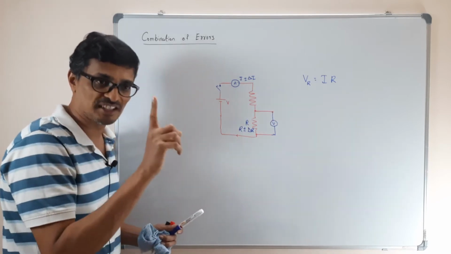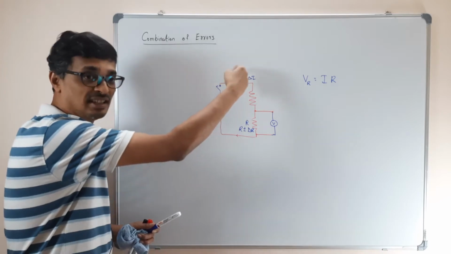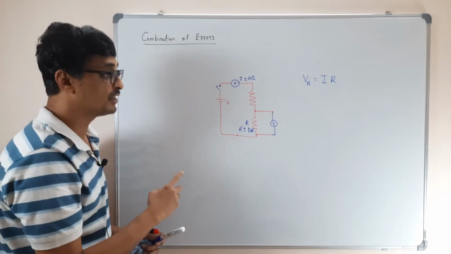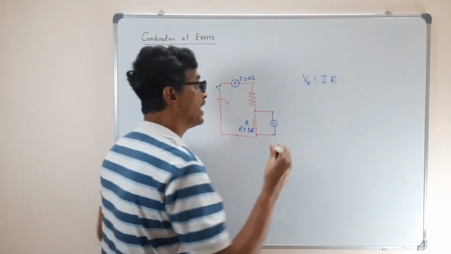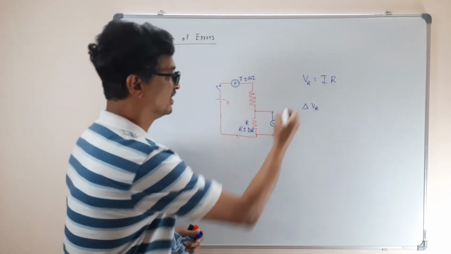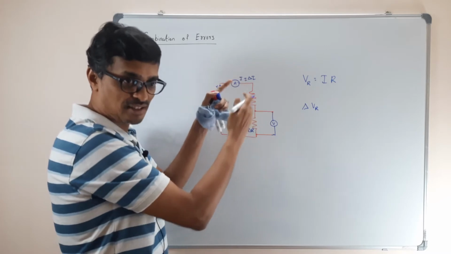I am not going to get the same voltage, the voltage is going to differ because of the error associated with the current as well as the error associated with R. Now the question is, what is the error associated with my voltage? Because now there are two errors, this is a combination.